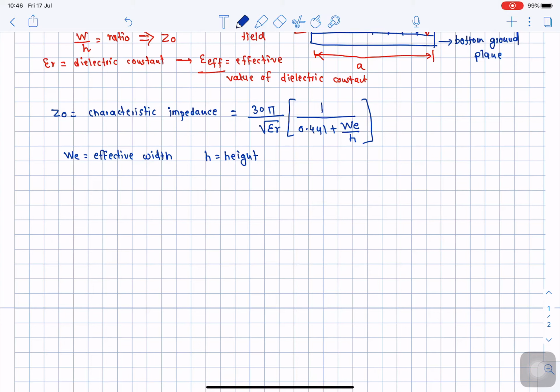The effective width to height is given in two different ways. This is equal to W by H, simply the physical width, where W is the physical width. Please remember, physical width is different and effective width is different. Right now I explained the difference between effective width and physical width and physical height.